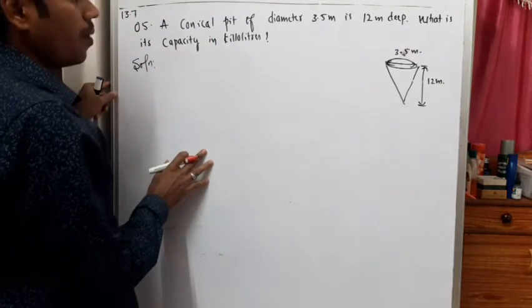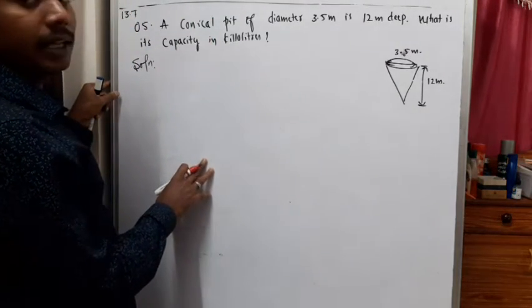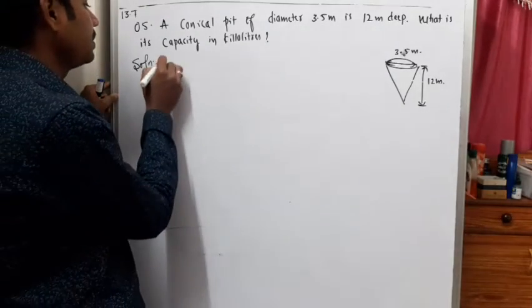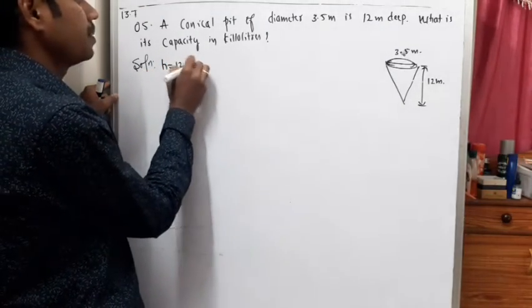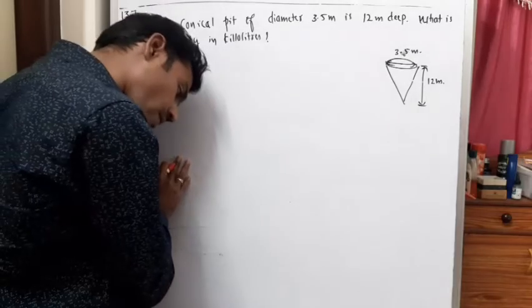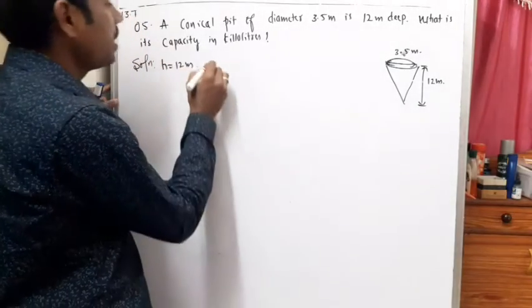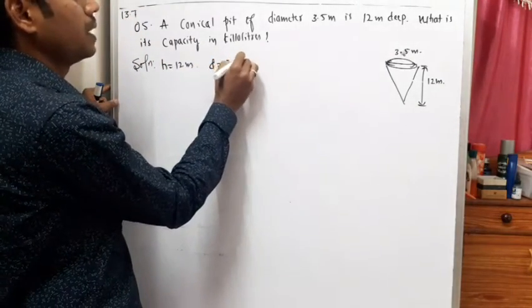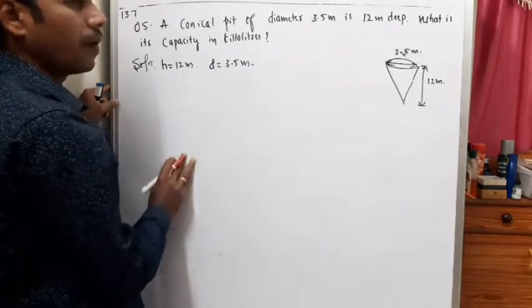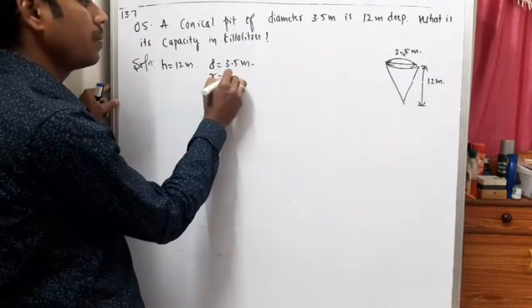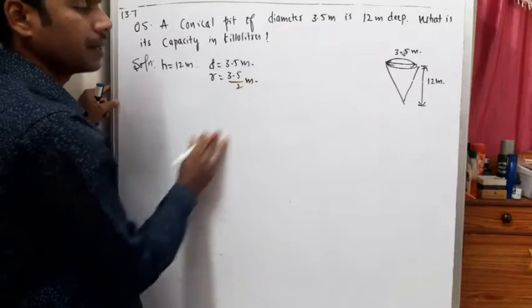Now we need to find the capacity in kiloliters. So the height is 12 meter and it has a diameter of 3.5 meter. D is equal to 3.5 meter. Then r is equal to 3.5 divided by 2 meters.